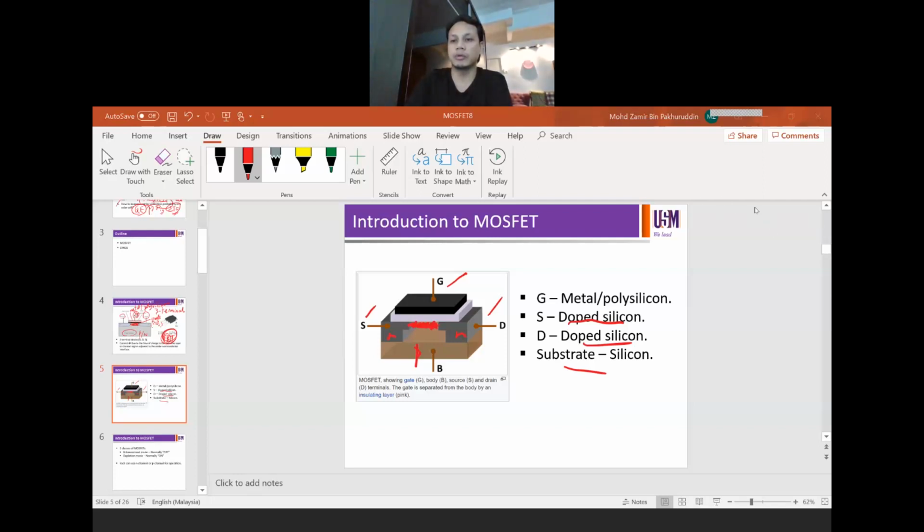So either we call it P or N, it depends on the polarity of the channel. It's not the polarity of the substrate. If your source and drain are n-type, your channel will be n-type, so it's going to be called NMOS instead of PMOS.